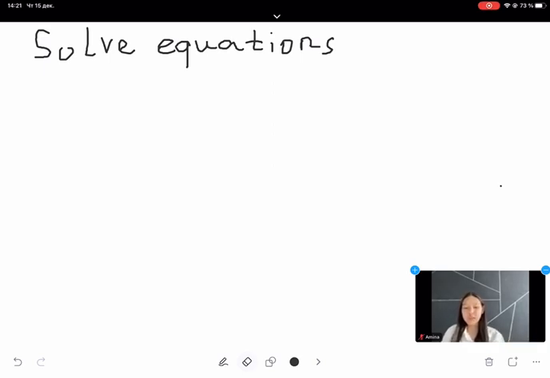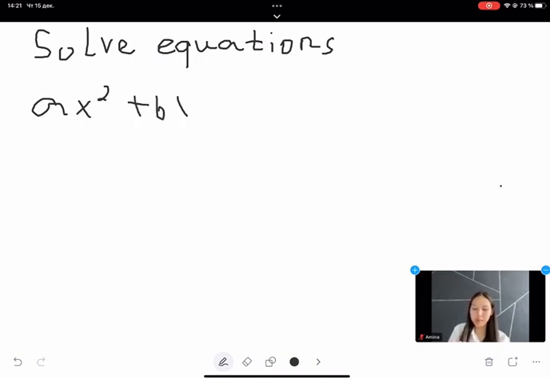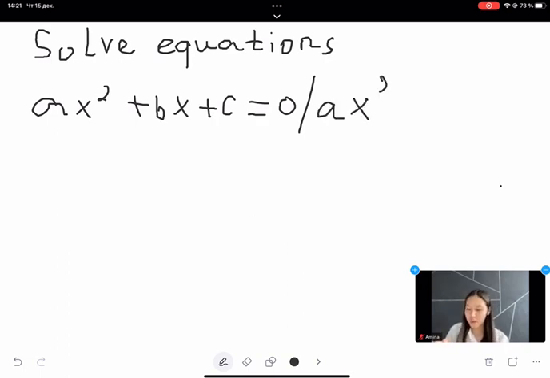And we solve equations in the form ax squared plus bx plus c equals 0.